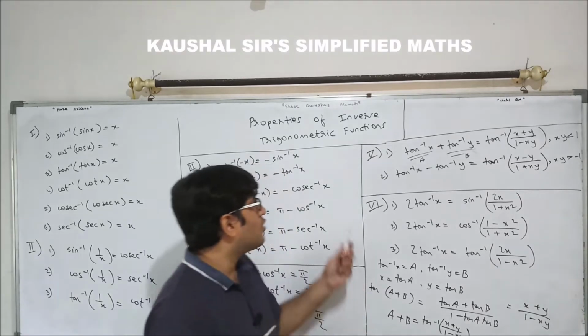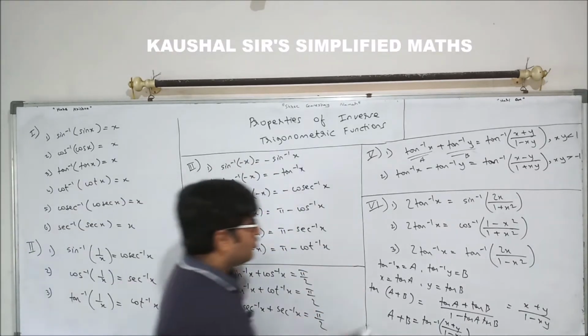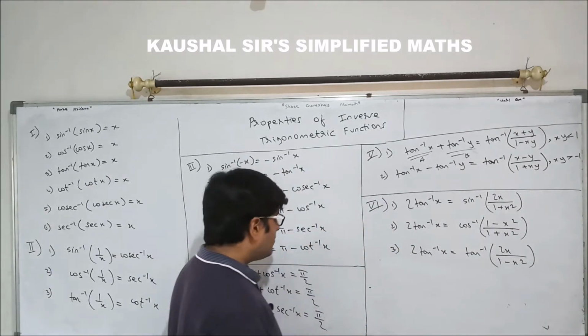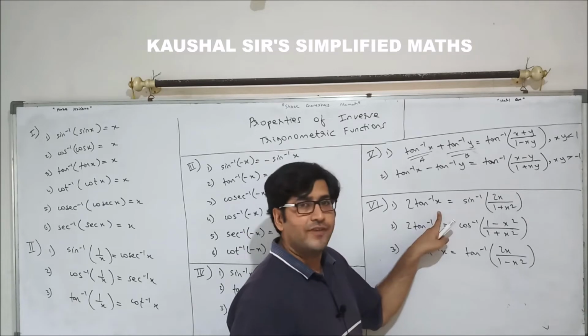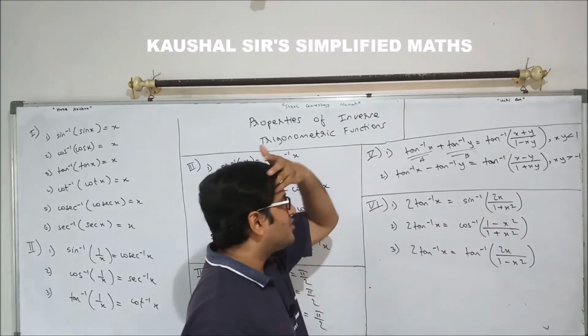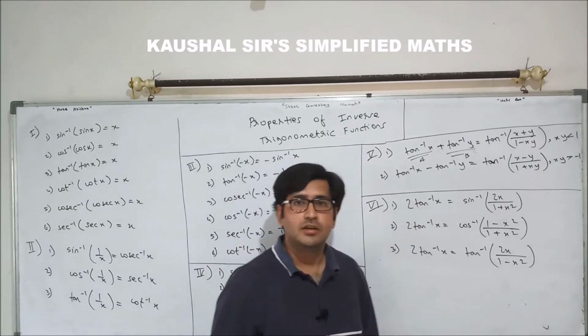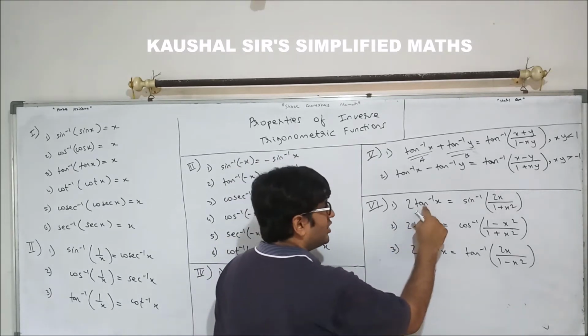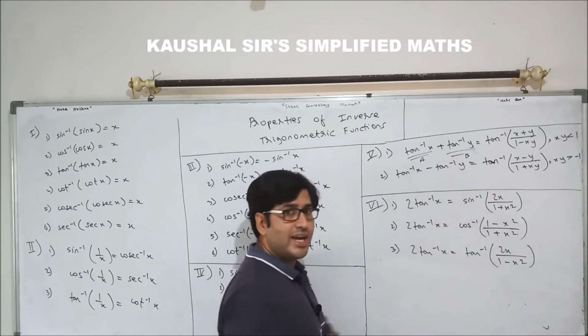Okay students, let's move to property number 6. Property number 6 says that 2 tan inverse of x is sin inverse of 2x upon 1 plus x square. Now imagine we are substituting x as tan theta. So your LHS is going to become 2 times tan inverse of x, and in place of x we have put tan theta.